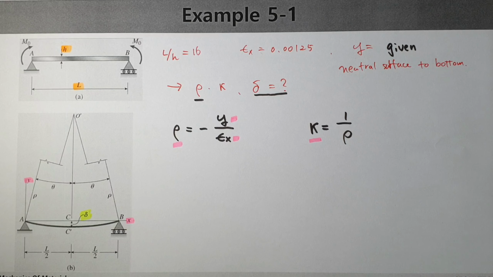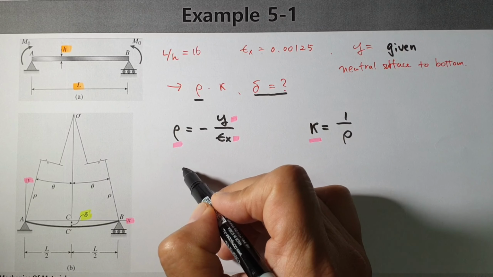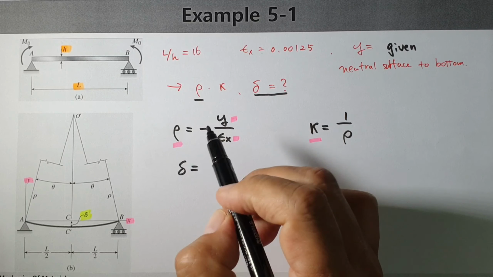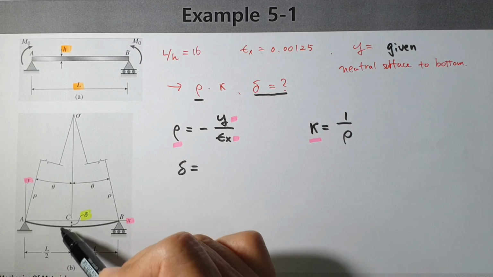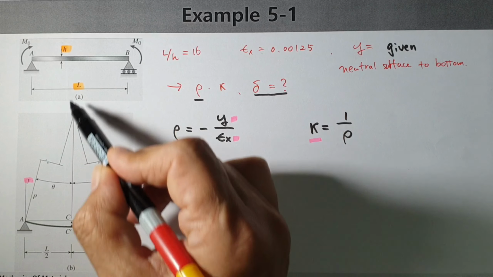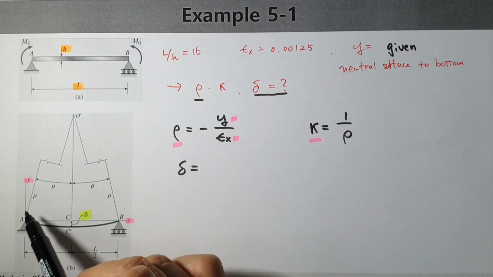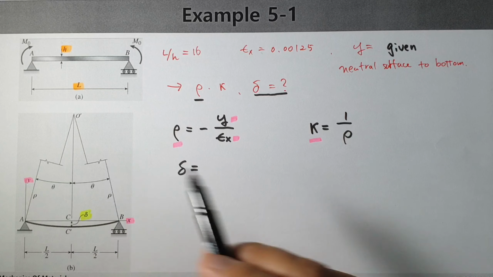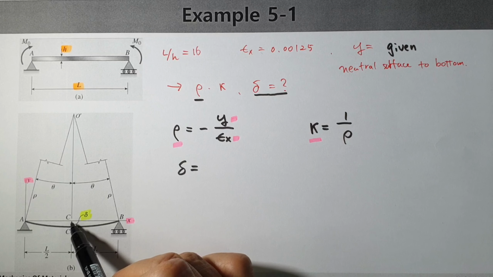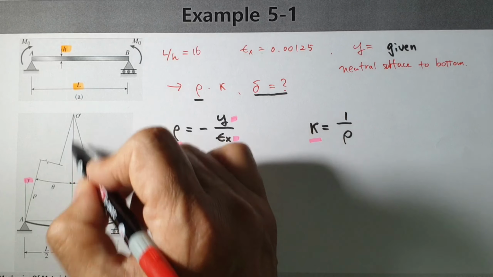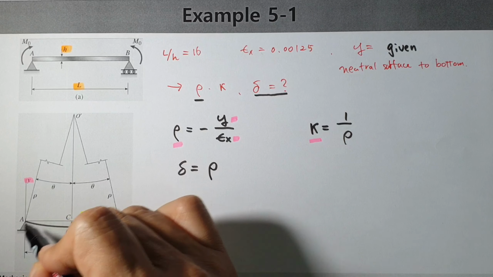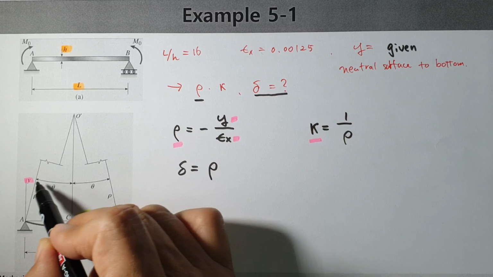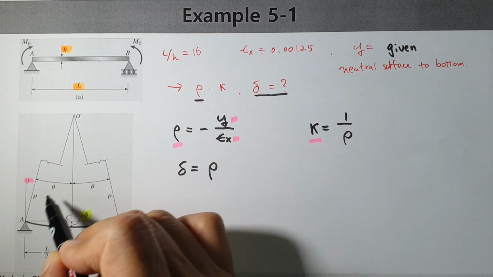Next, we would like to calculate the delta value. When you think about this big triangle, a large triangle, the radius is rho, and this distance is what?